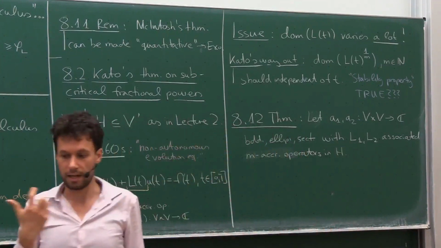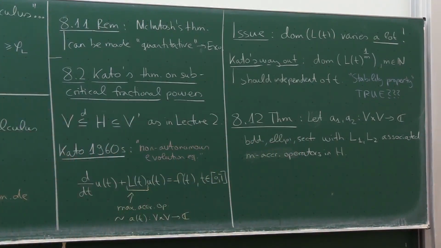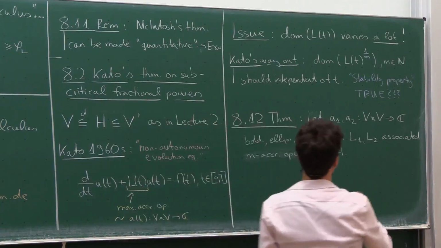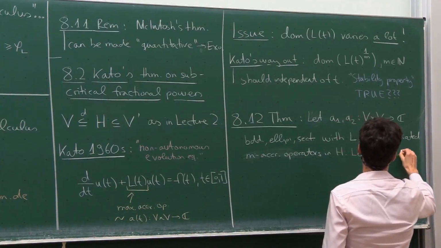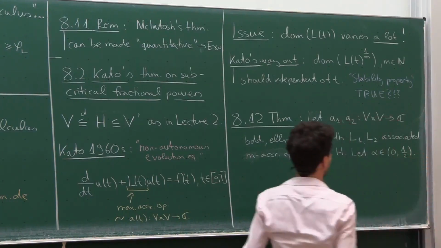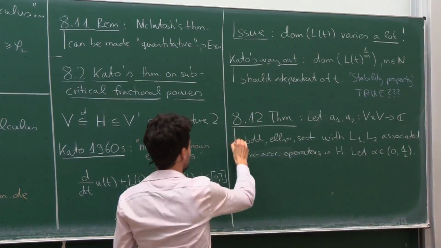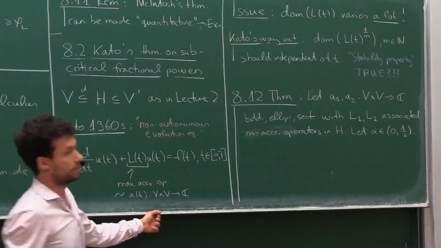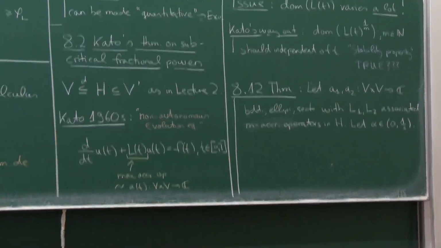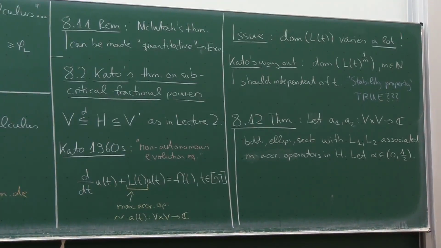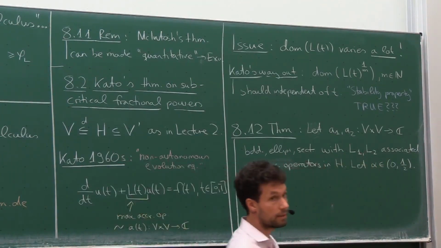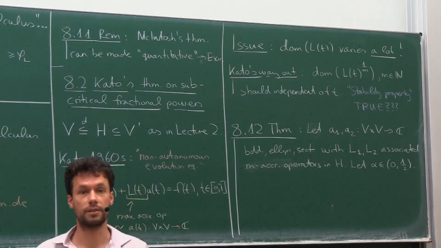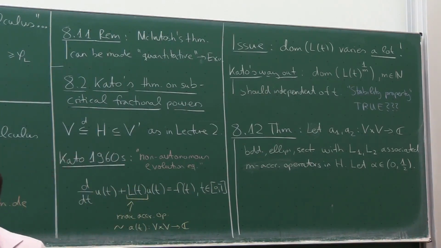And then I'm going to take a parameter alpha, which is going to be between 0 and 1/2. The goal of the theorem is to say that the domains of the fractional powers of these operators L1, L2 don't change under suitable assumptions on the sesquilinear forms.